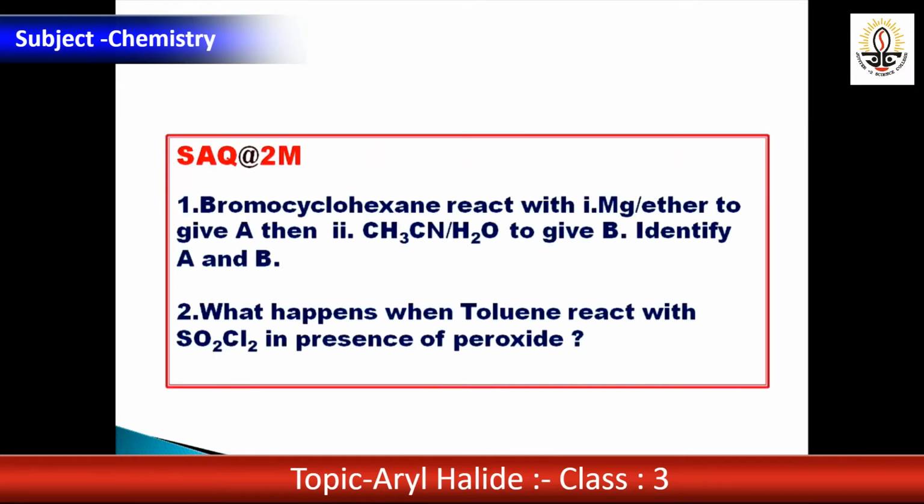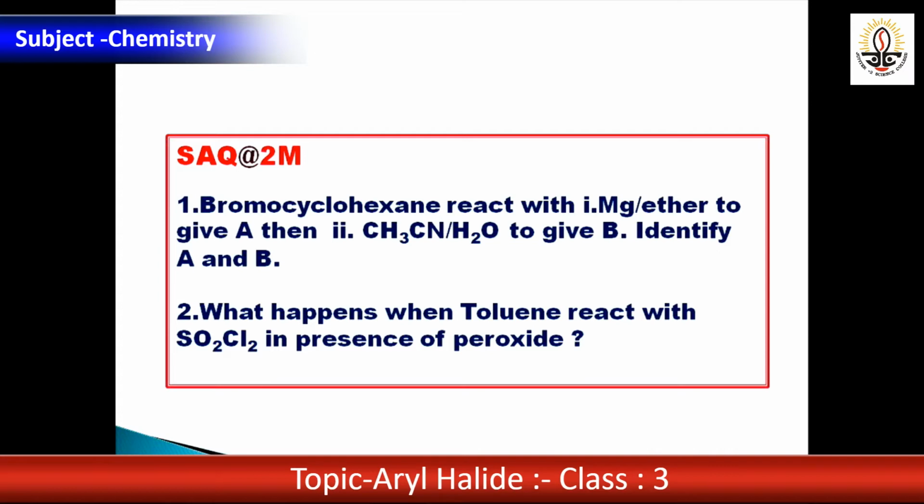Next, come to one short answer question, which is 2 marks. Bromocyclohexane reacts with magnesium to give A. Then methyl cyanide in presence of H2O gives B. Identify A and B. The question carries 2 marks.